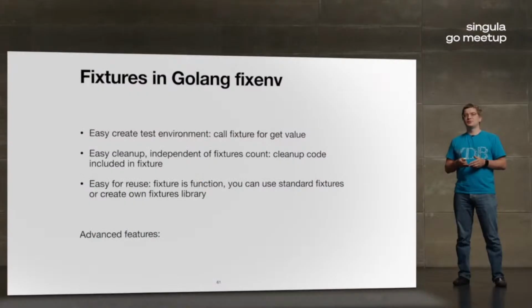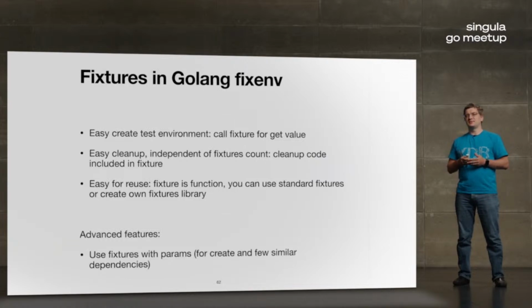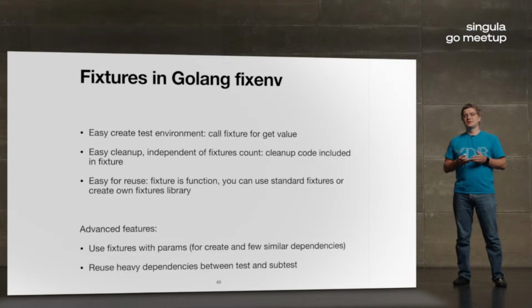And Fixenv has advanced features which weren't shown today. It uses fixtures with params to create a few similar instances of a dependency, and reuses cache and heavy dependencies between tests.